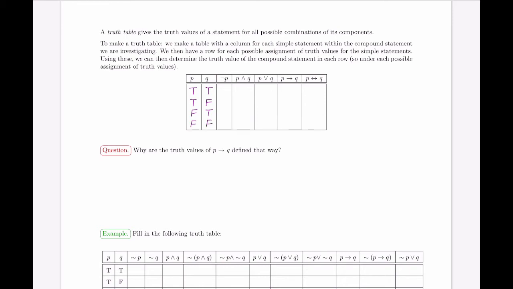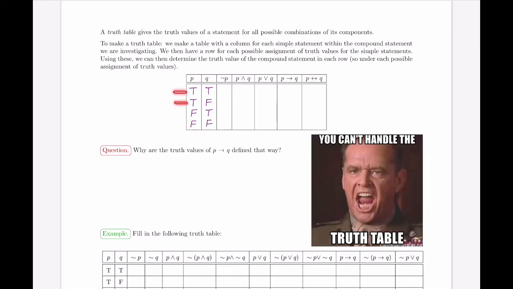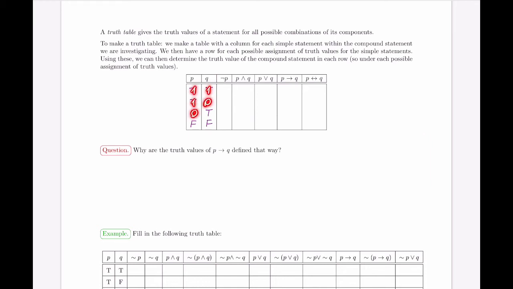The other way of thinking of how we can fill this out is notice that P sort of splits between true and false, and Q alternates on each entry. Okay, for two of the simple statements, you will have 4 combinations of all the possible values. Again, if you're more comfortable with the ones and zeros, there will be 1, 1, 1, 0, 0, 1, 0, 0.